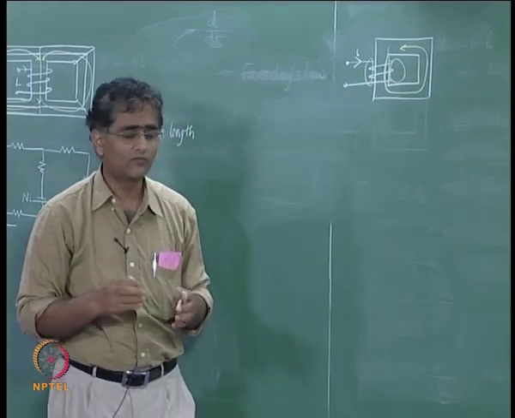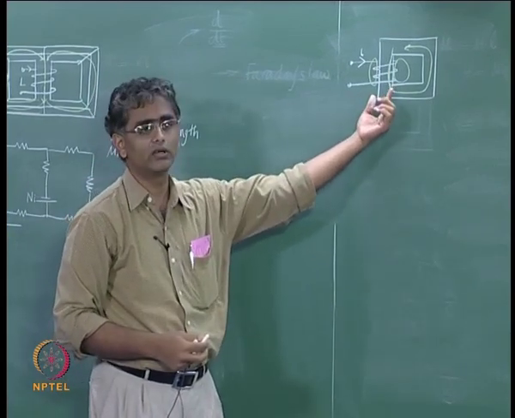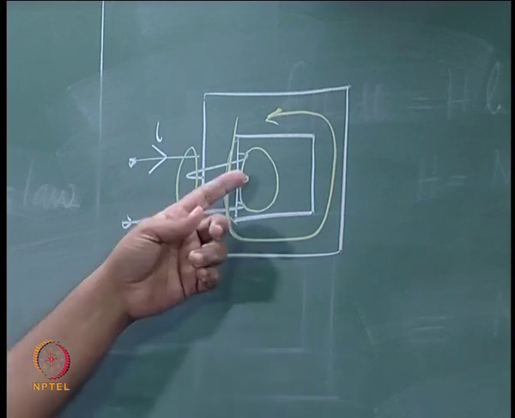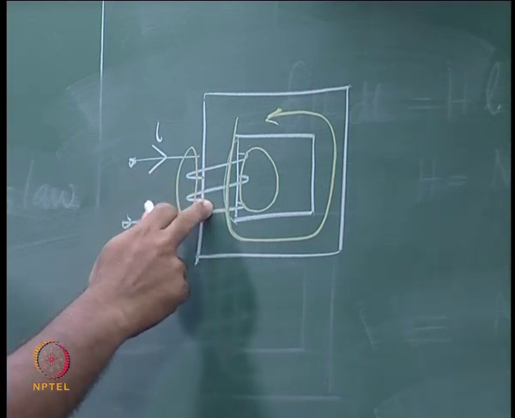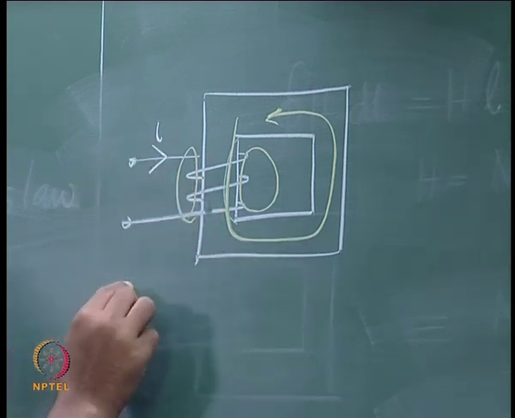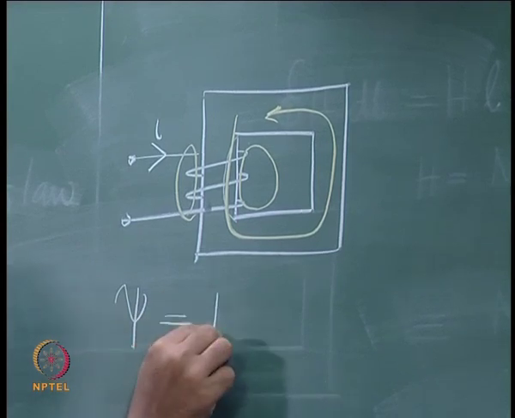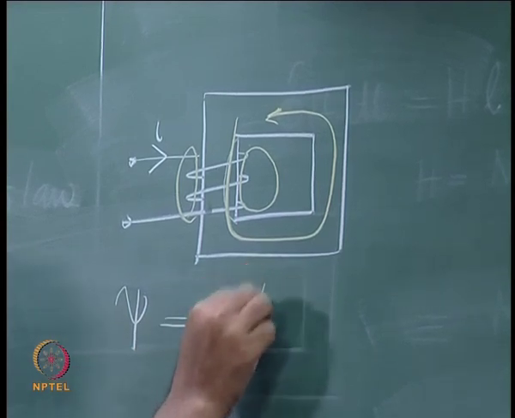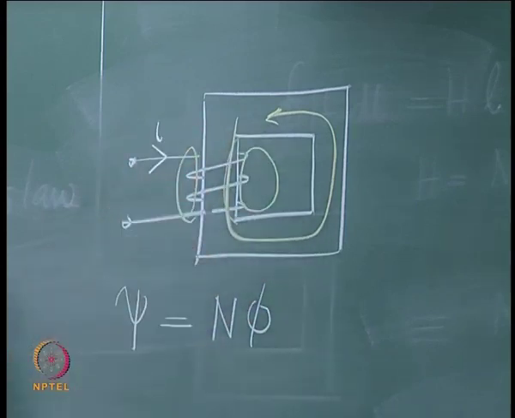So not all of the flux is confined to the iron core, a majority of the flux is confined to the iron core, but a small part lies outside the iron core as well, right, but all of them link this loop, and therefore if you want to find out the flux linkage psi, you have to obtain it as N multiplied by all the flux that links this, whether it goes through the core or whether it is in the air, everything has to be considered.